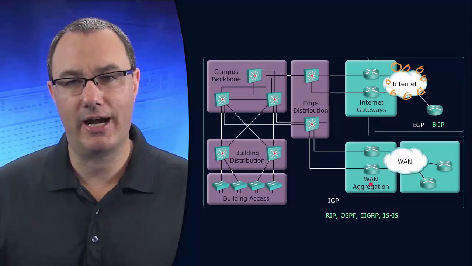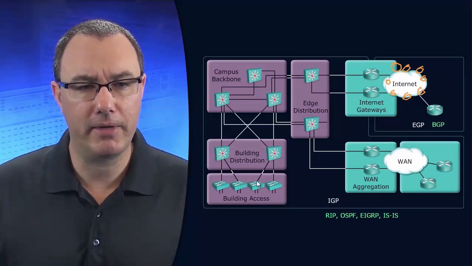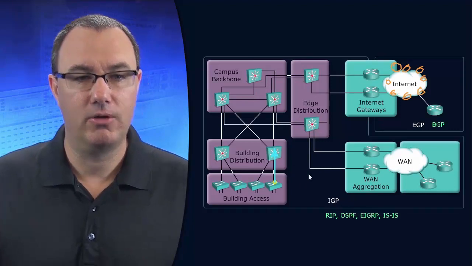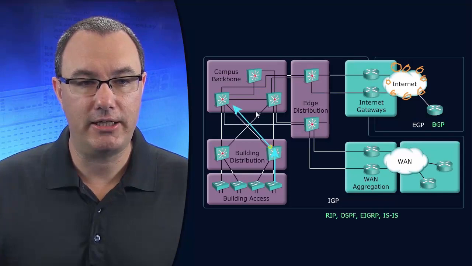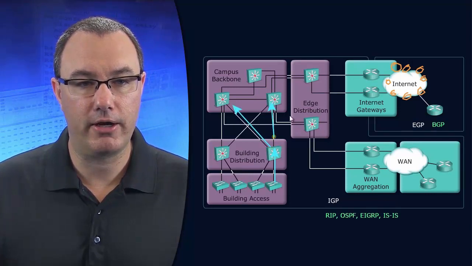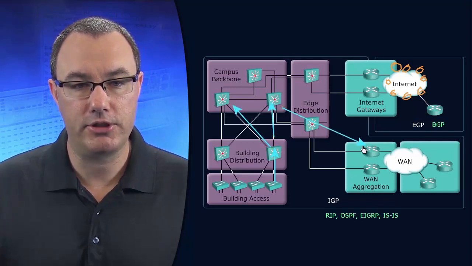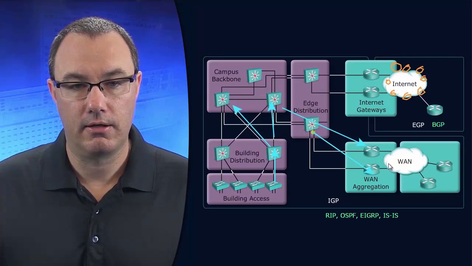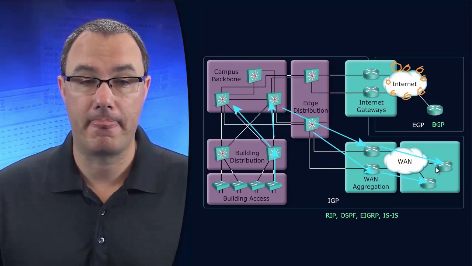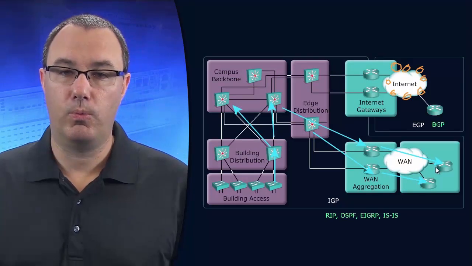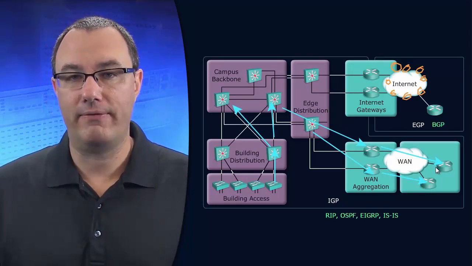Let's say we've got our subnets in the VLANs. IGP advertisements would go throughout the topology, and could certainly advertise across the WAN. So that could be for a private network.